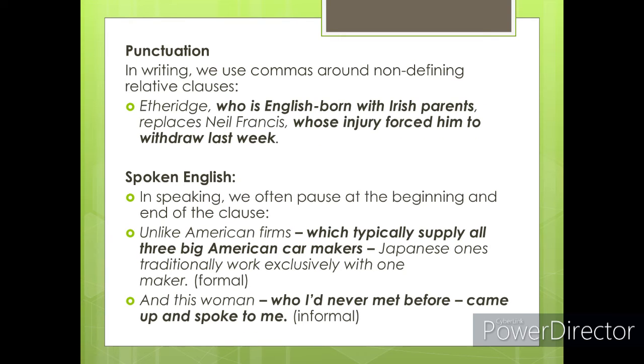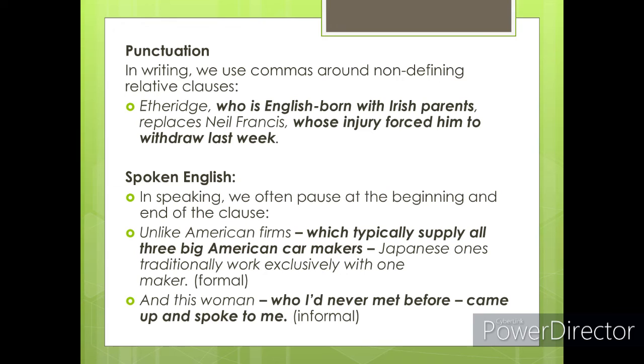In punctuation, in writing, we use commas around non-defining relative clauses. For example, at the right, whose English born with Irish parents replaced Neil Francis, whose injury forced him to withdraw last week. Spoken English. In speaking, we often pause at the beginning and the end of the clause.